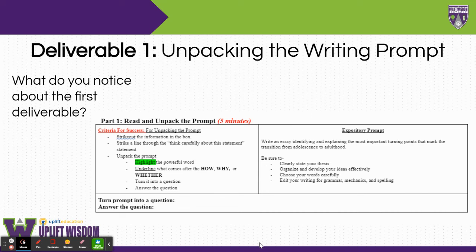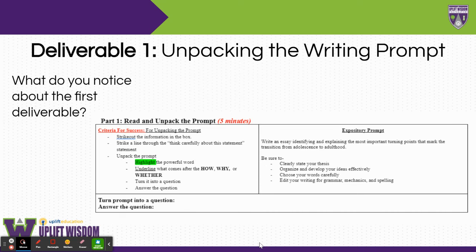So I say strike out the information in the box. It won't make sense to you because you don't teach English, but before you get to this expository prompt, there's two other boxes above this on the EOC STAAR. And kids end up writing about those two things, and it throws them off.